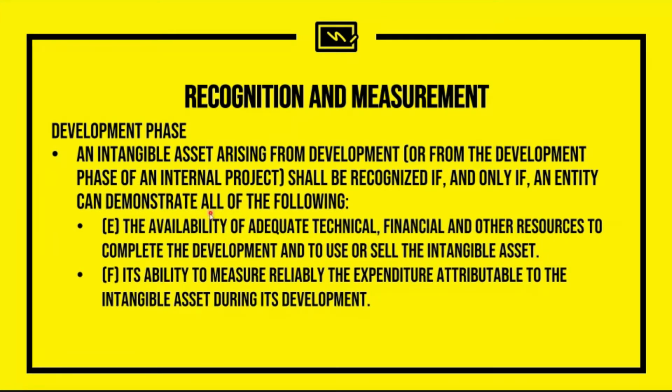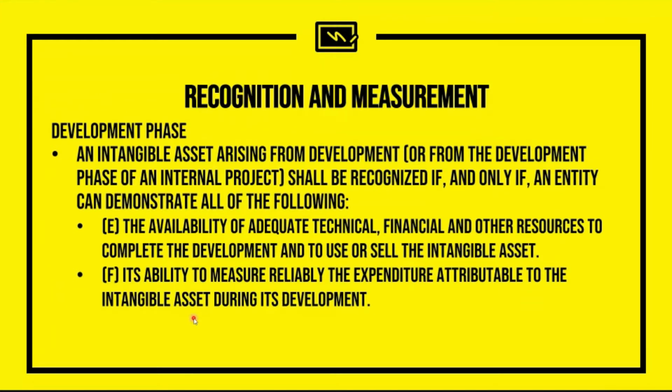Letter E, the entity should also provide evidence of the availability of adequate technical, financial, and other resources to complete the project and the ability to measure reliably the expenditures attributable to the intangible assets during its development.